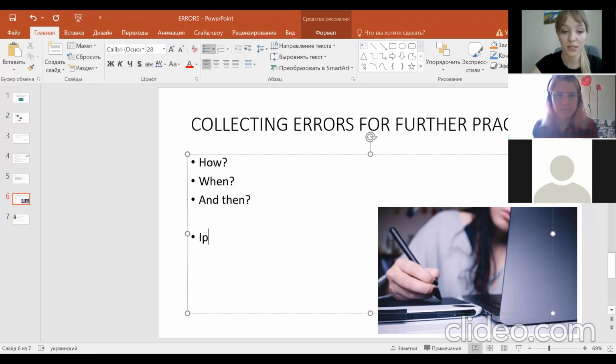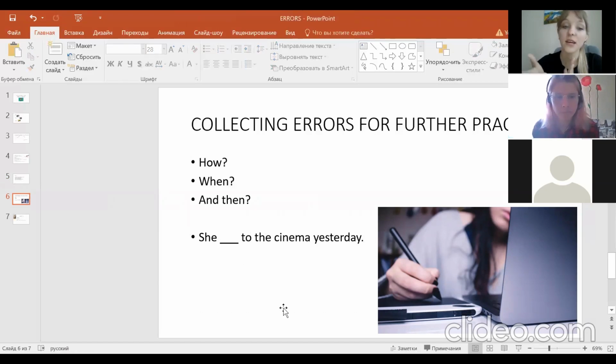We can prepare some sentences as a warm-up and write something like this, to the cinema. Well, of course, you don't have one sentence. You prepare like 10 sentences and say, okay, it's our warm-up activity. Let's try to do the quiz. And the student thinks that it's just a quiz, but in fact, it's about his mistakes.